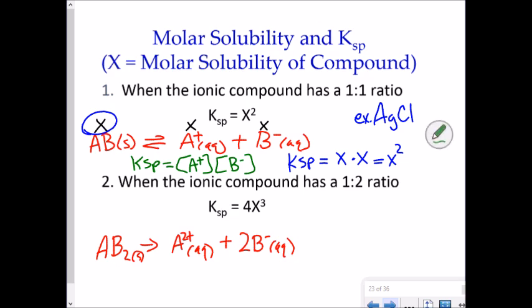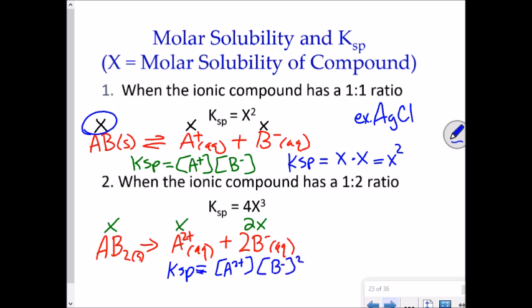So we have x of this, right? Every time it breaks apart, you're going to get one of these. So that's like 1x. But how many of those are you going to get? Every time that one breaks apart, you get double of that. So this would be like 2x now. Does that make sense? If we wrote out our Ksp expression, we would get the concentration of the A here, and this would be the B concentration raised to the second power.